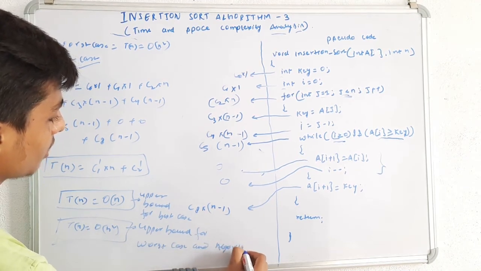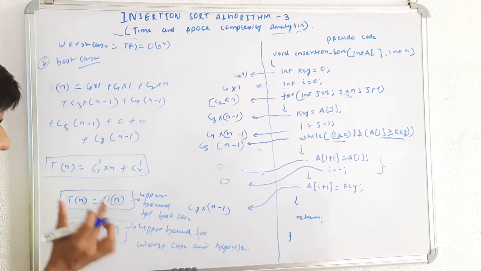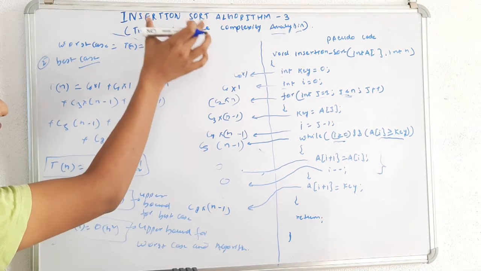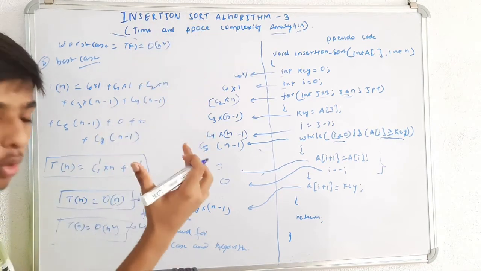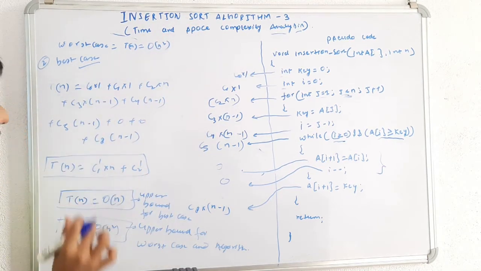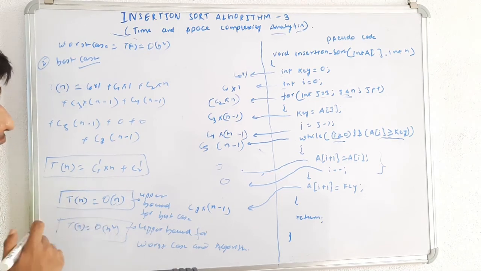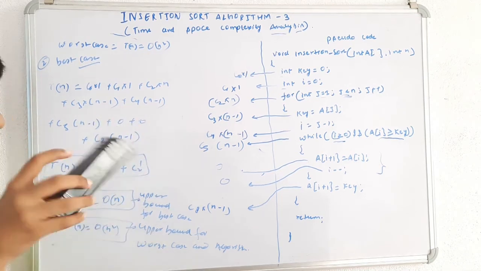Upper bound means the time complexity cannot be greater than this. So either if you take the insertion sort algorithm as a whole, or you take just the worst case of that algorithm, the upper bound will be n square only. I hope you have noted this.